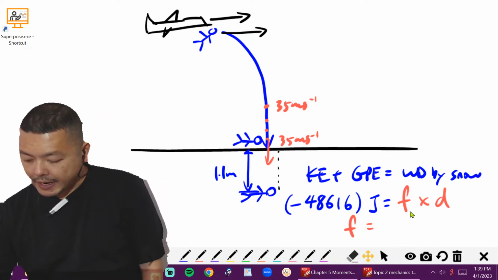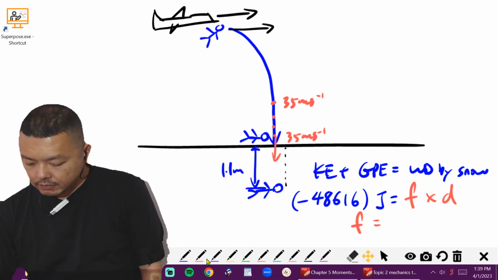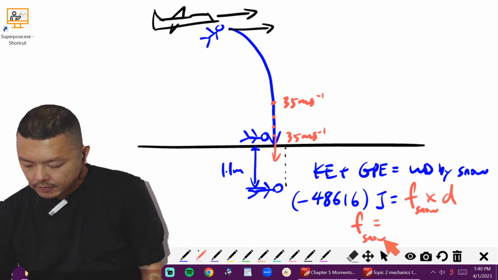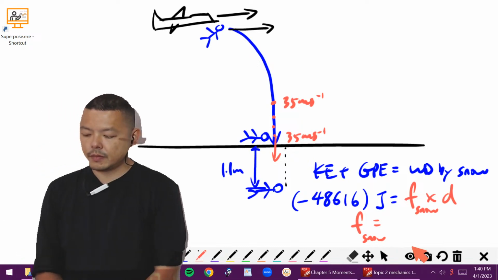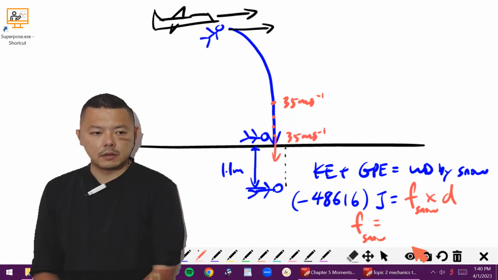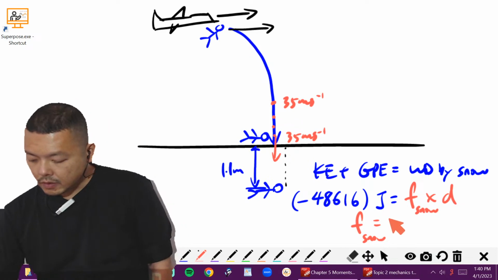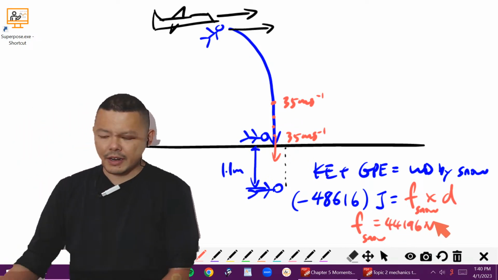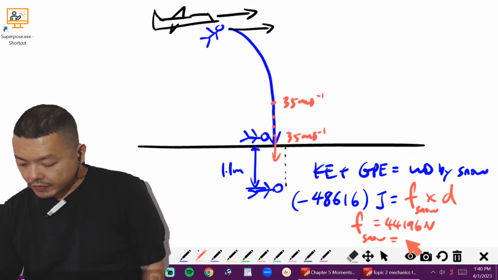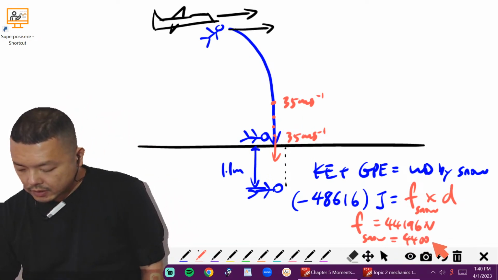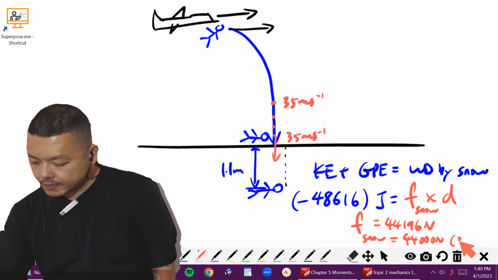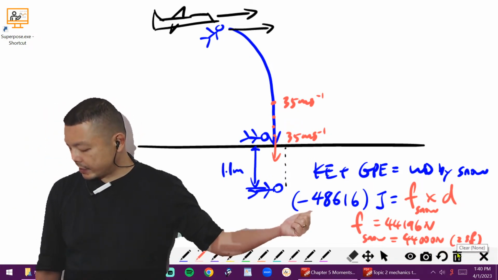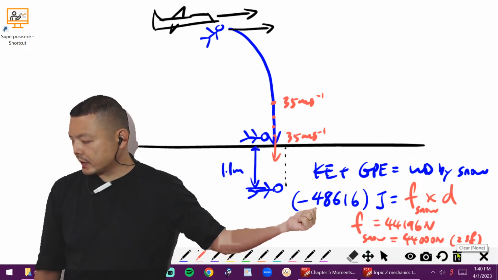This is the force by the snow. 44,196 newtons. You have to round off, so you have to round this off to 44,000 newtons, 2SF. Same thing for the one above also. You have to round it off to 2SF, so it's 49,000 joules.